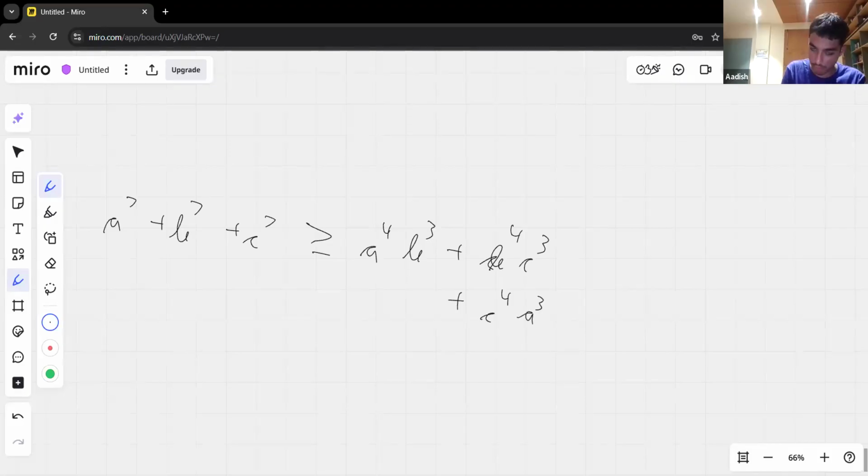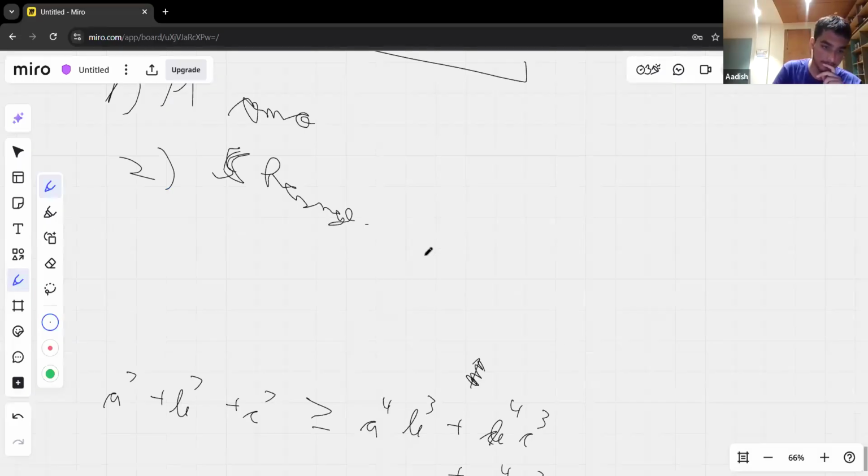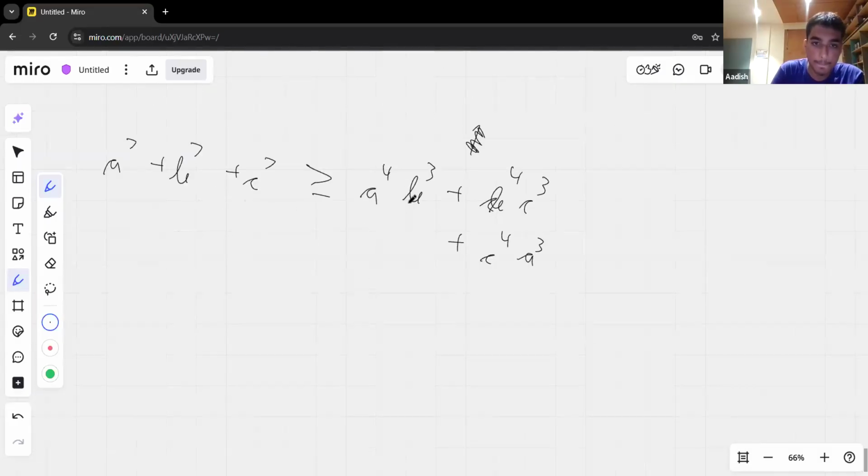And for those of you who know, this is cyclic, not symmetric, so you cannot use Muirhead. Okay, so we have this inequality.